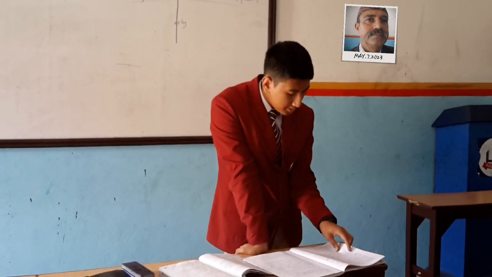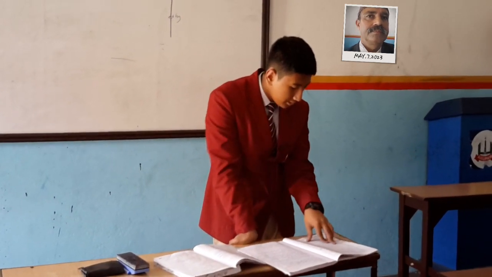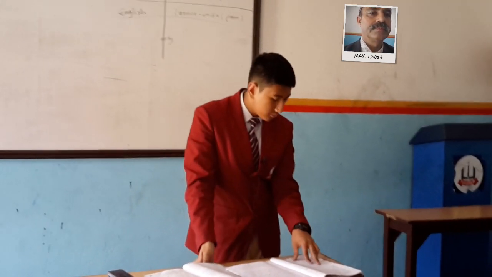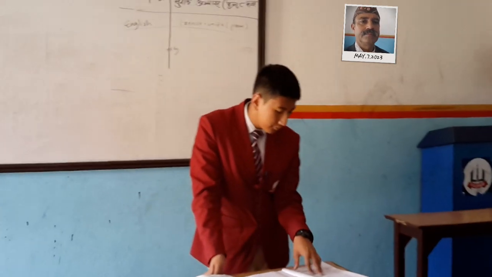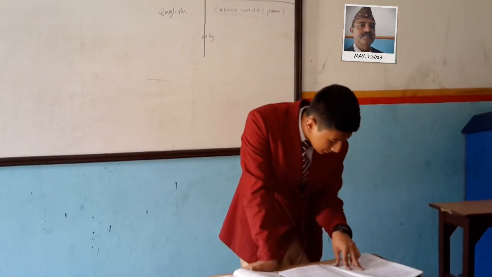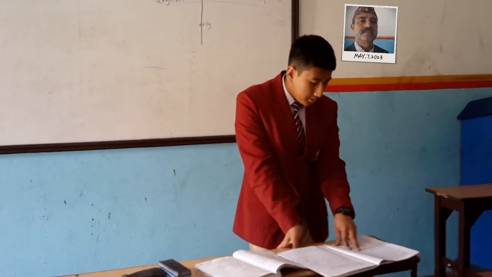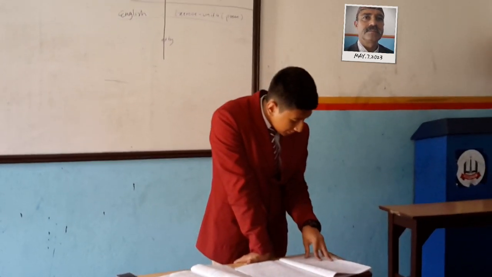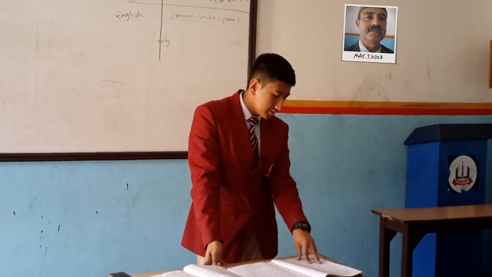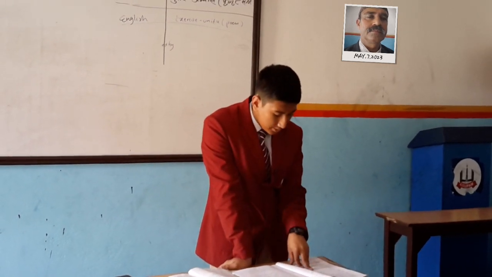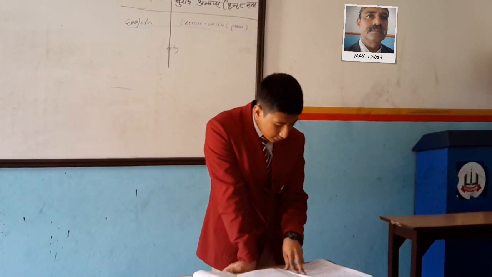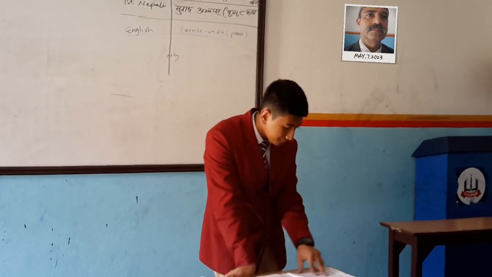C number. Fundamental quantity and derived quantity. Fundamental quantity is independent. Derived quantity depends on fundamental quantity. There are 7 fundamental quantities, and for derived quantity, there are 13 derived quantities.